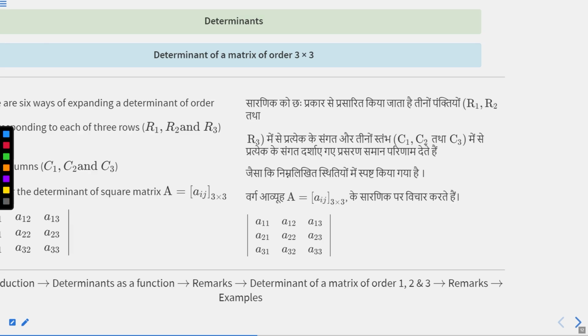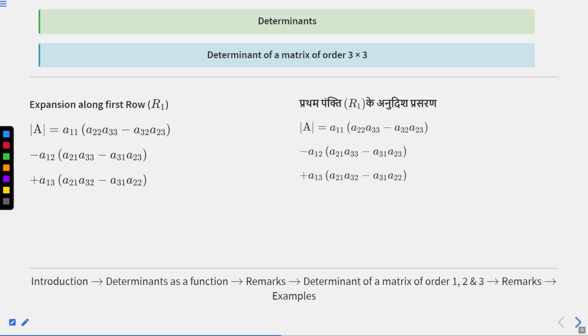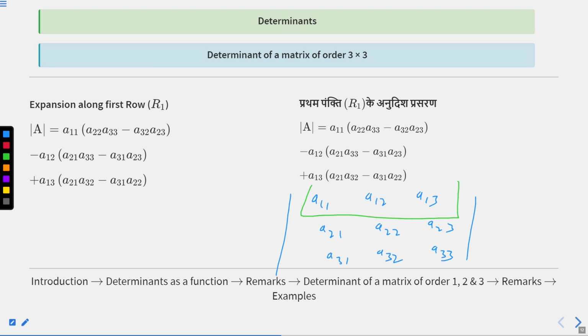So let us see according to the row 1. So row 1, as you know that A11, A12, A13, A21, A22, A23, and A31, A32, A33. Simple, clear?